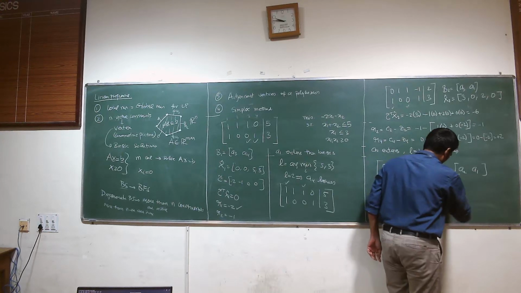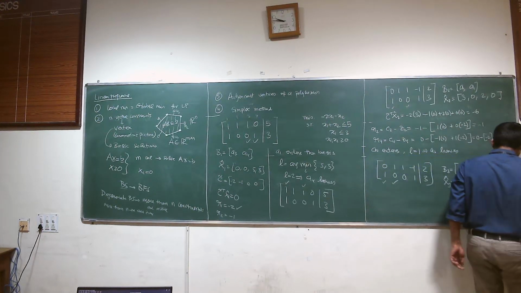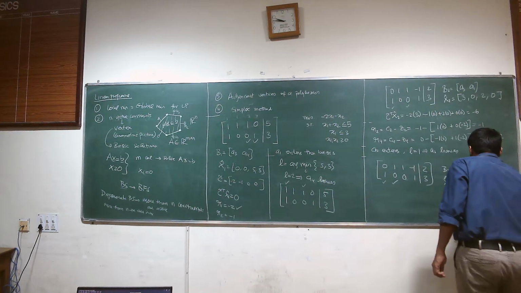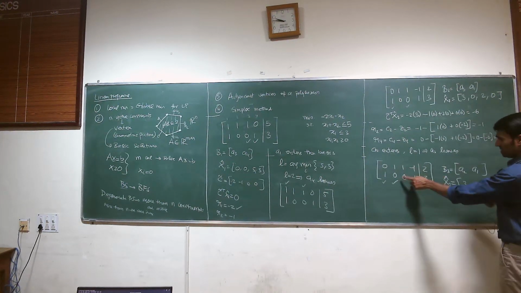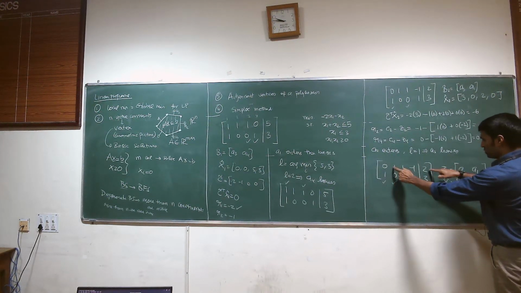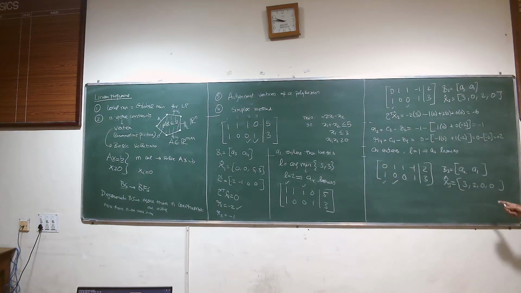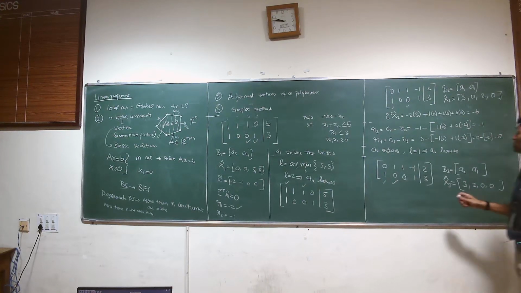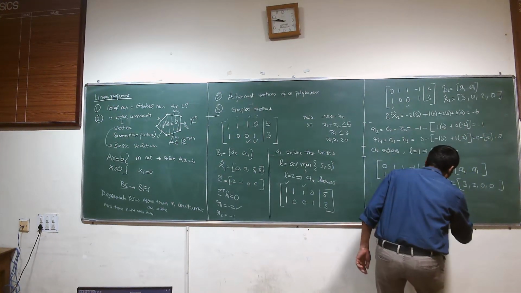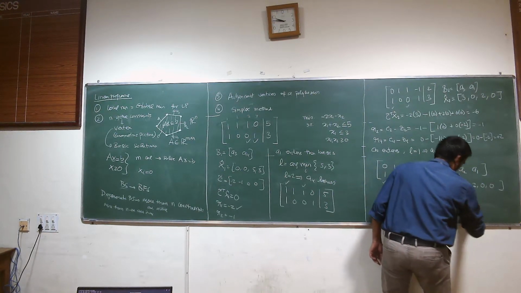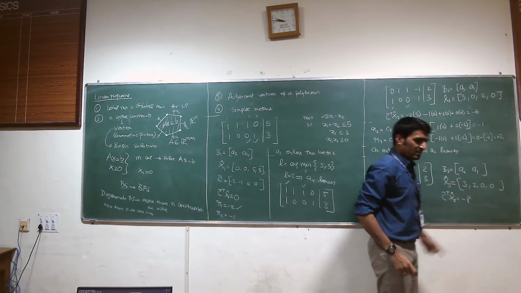What is X3 cap now? 3, 2, is it? Yeah. So 3, 2. Is that okay? Okay. What is C transpose? Still lower. So that's good.